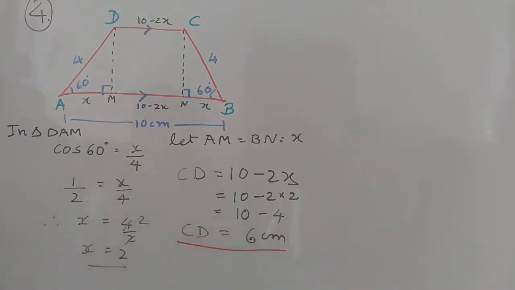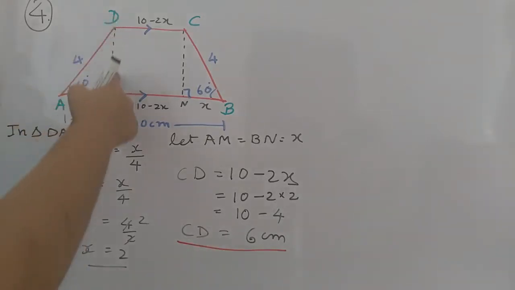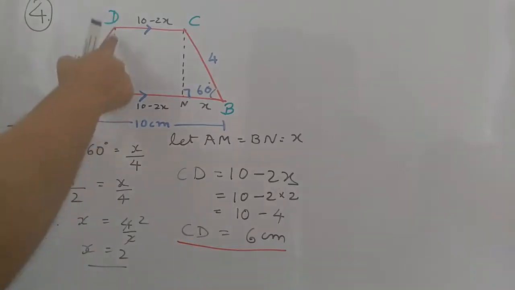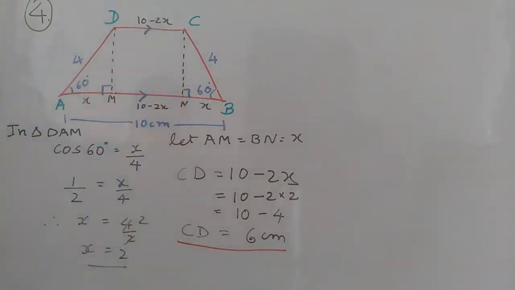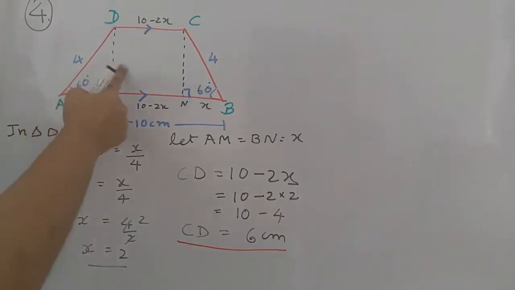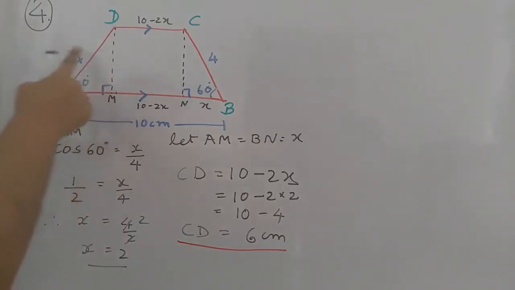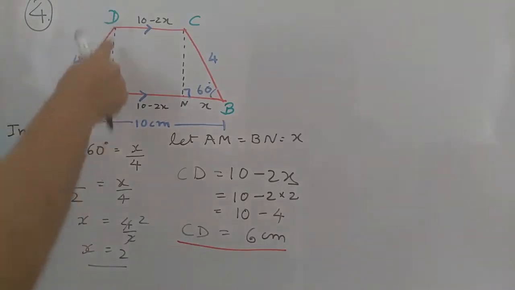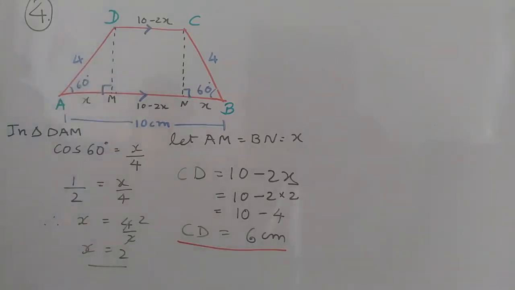Now secondly, the distance between AB and CD. This distance between AB and CD is DM and CN. Both are the same. So we'll find it using our trigonometrical ratios again. In this figure, if I take sine 60 degrees, meaning opposite upon hypotenuse, then we can find this perpendicular distance.